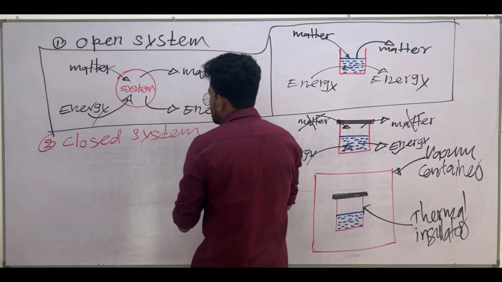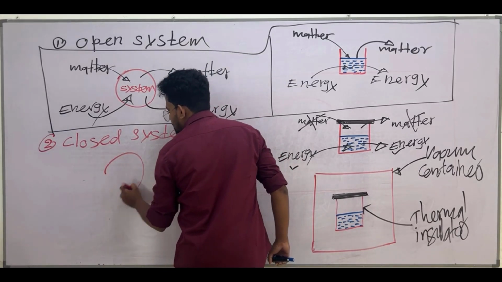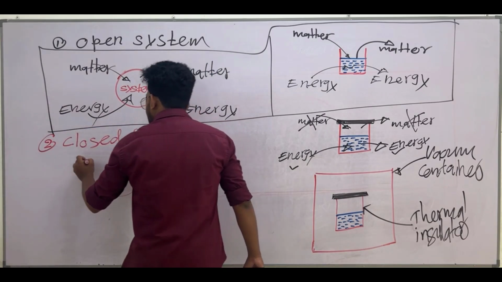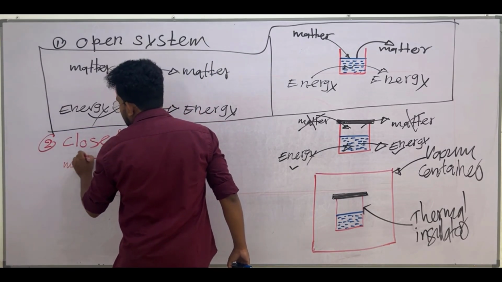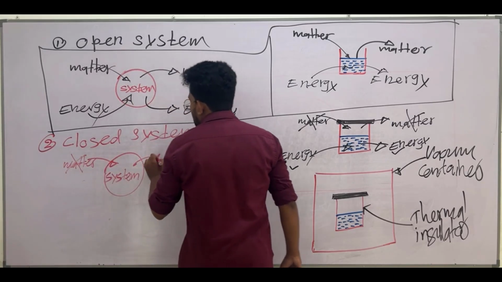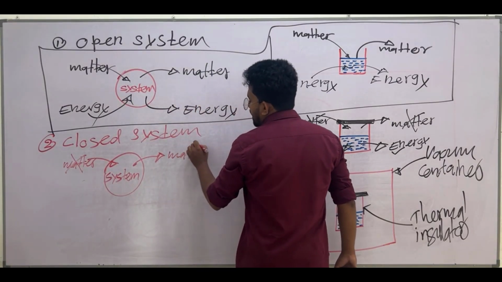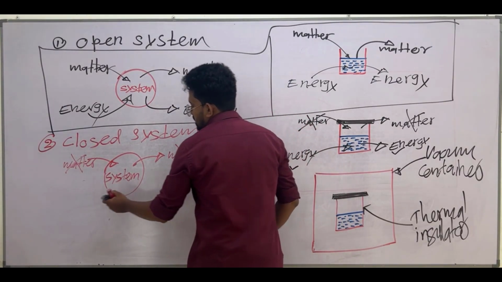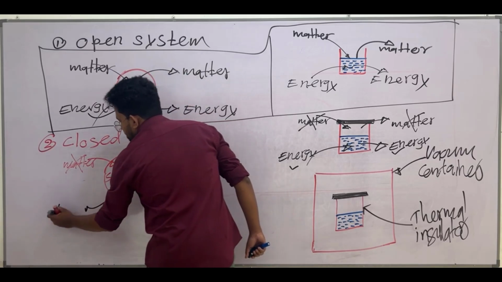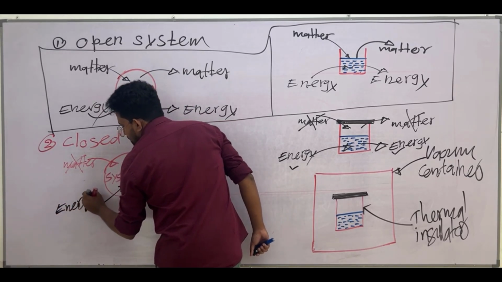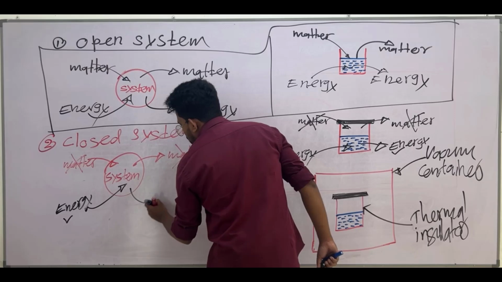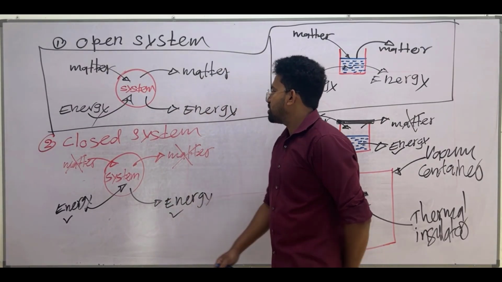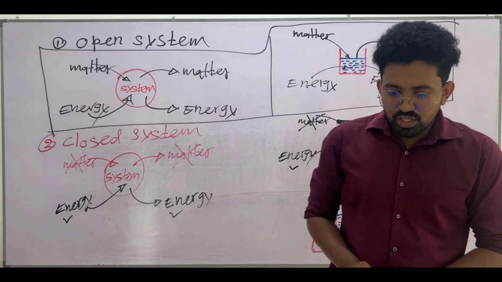If we draw a picture for that, this is our system. Matter cannot come inside or go outside, but energy can come inside or go outside. So this is a closed system.